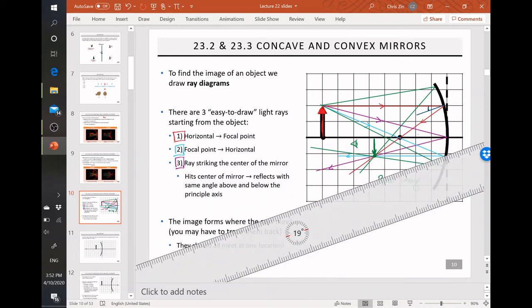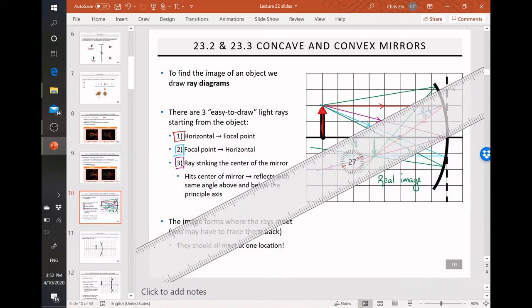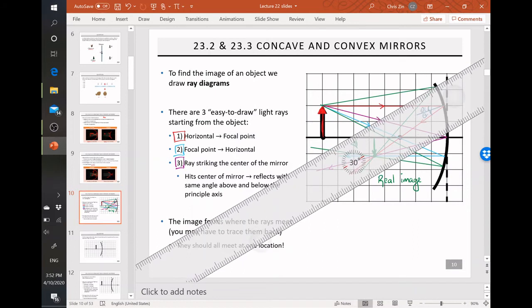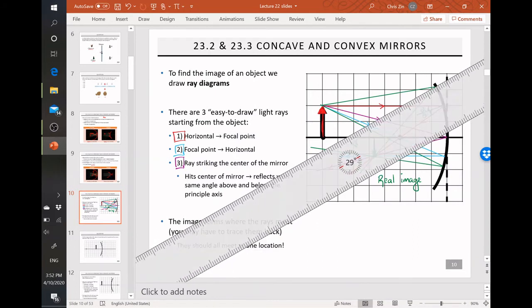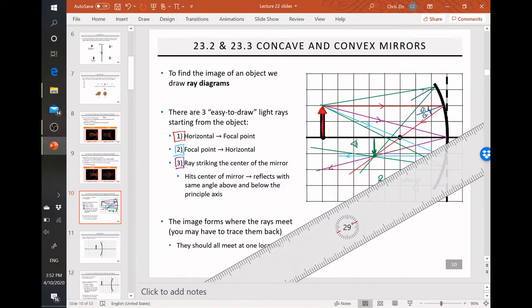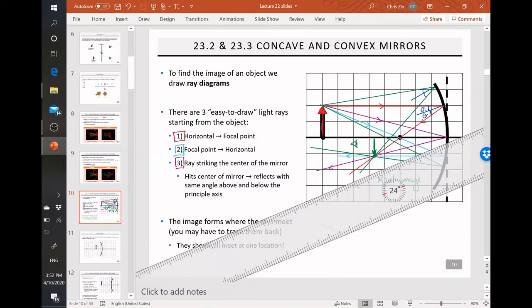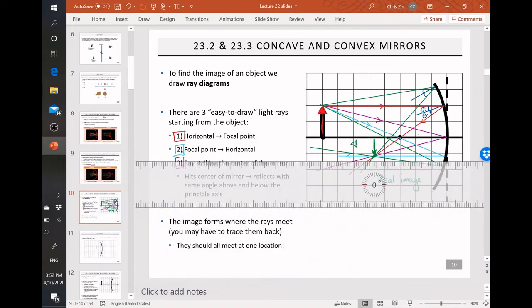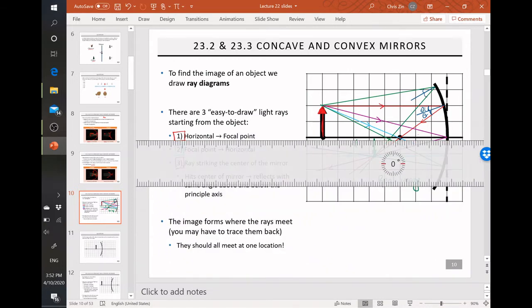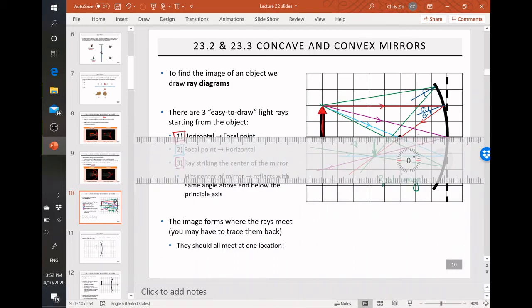So for instance, maybe it looks like this. And then you have the angle of incidence equal to the angle of reflection. This is true for all of the light rays that I've drawn. It's just harder to see for some of them. The easiest light ray to see it for is definitely the light ray that strikes the center of the mirror, because then the normal line is simply a horizontal line.